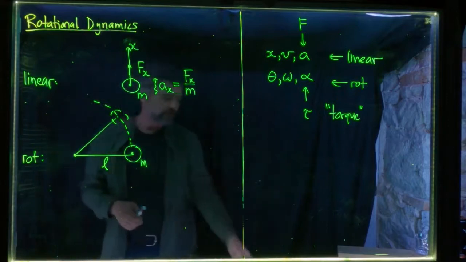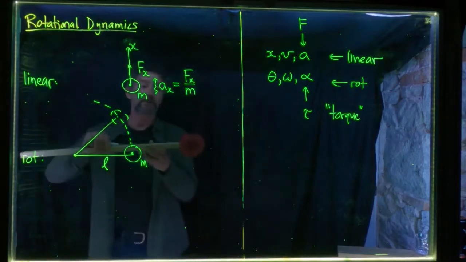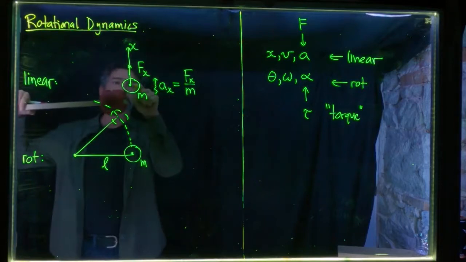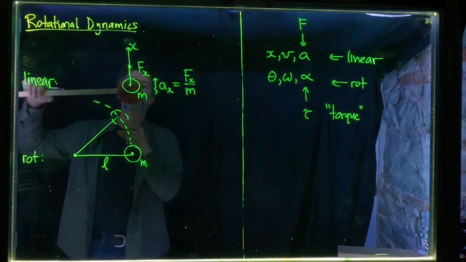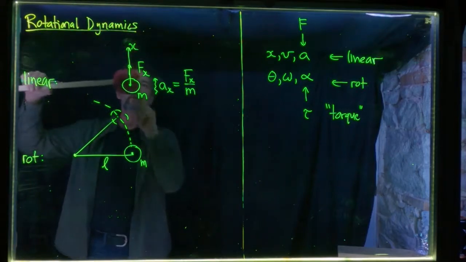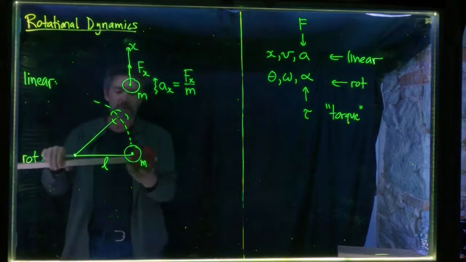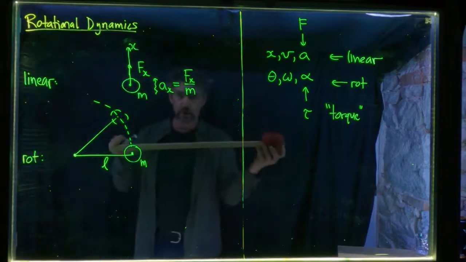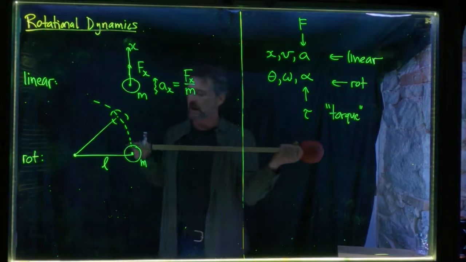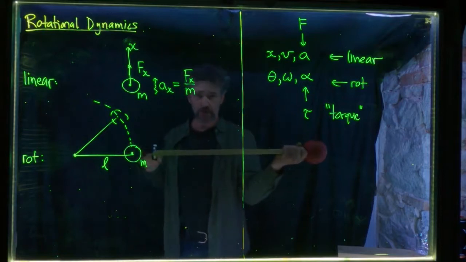Basically, this is the model of it here. This red ball is this mass here. We apply force in the x direction, we cause this ball to accelerate in the x direction. But now we've attached a massless rigid rod with a pivot point here, and the axis of rotation is perpendicular to the board here.